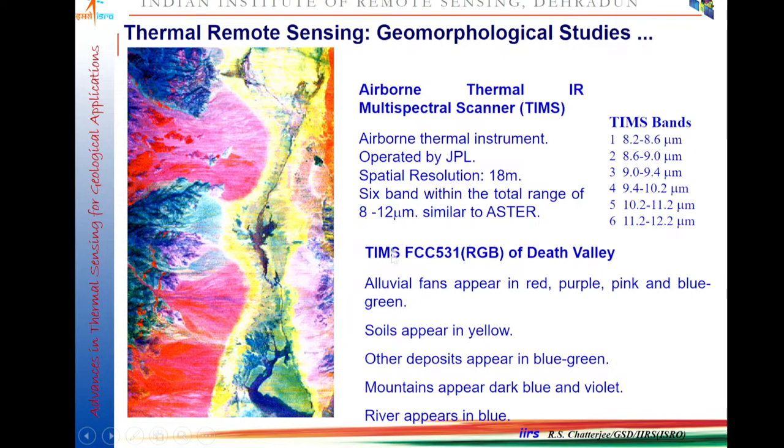Now out of the 6 bands, if you generate an FCC using 531, then what is going to happen? You are getting a color image. Why a color image? Because different materials have different thermal inertia. You see, this is the alluvium, the alluvial fan. In the alluvial fan area, the material is loose, unconsolidated, the density is much less.